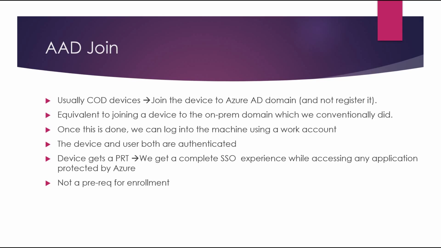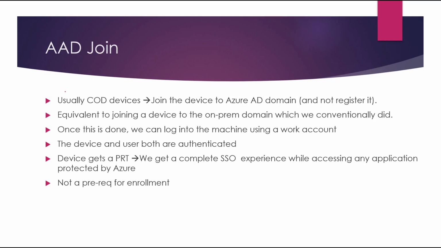In that case, instead of joining the devices to the on-prem domain, you can join them to Azure. Think of it like you don't have a domain controller, so instead of joining the corporate device to your on-prem domain controller, you are joining it to a DC which is present in the cloud, which in this case is referred to as Azure AD Join.